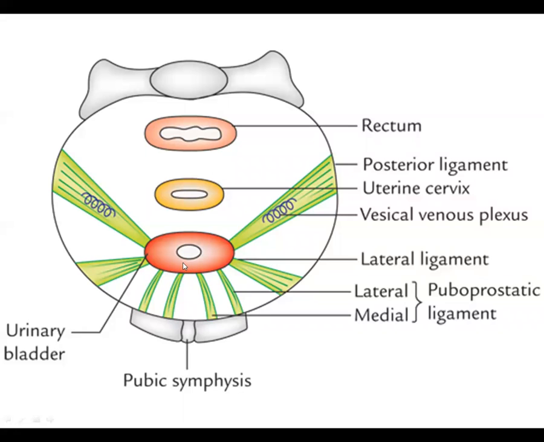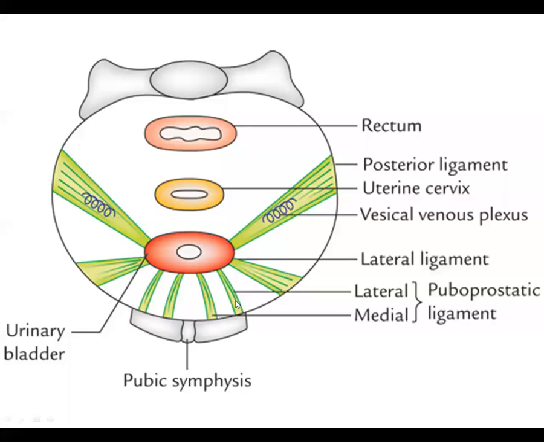So the ligaments are the posterior ligament, then the lateral ligament, which is attached to the urinary bladder and laterally to the pelvic fascia, and the puboprostatic ligaments, medial and lateral. These are attached from the urinary bladder to the pubic symphysis. So these are called the true ligaments of the urinary bladder.